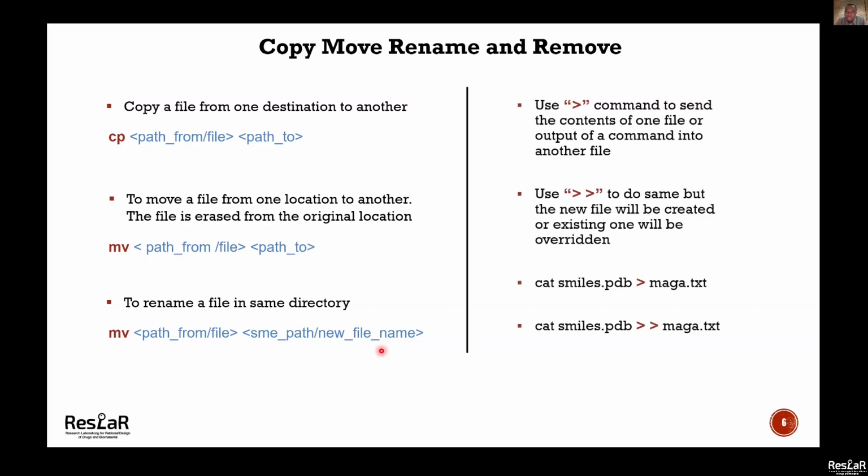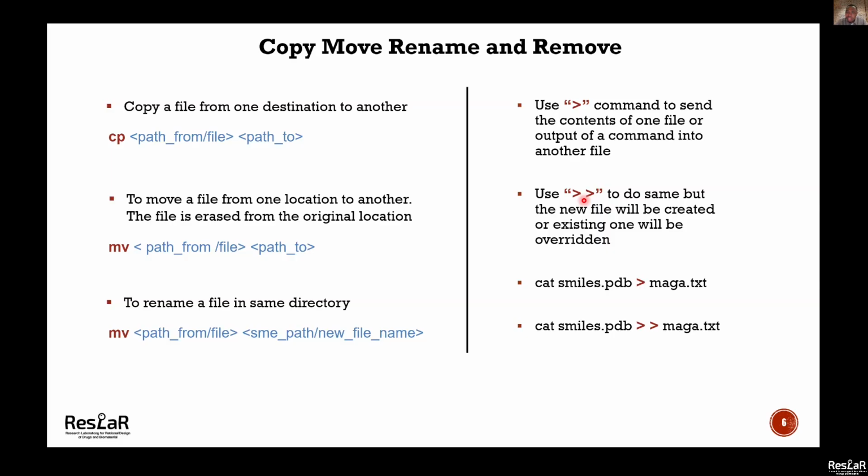Okay, so there are other commands like the greater than sign command. They are called redirection commands in the sense that you can use them to redirect your output. So you can decide to list the content of a file and send it to another file. You can use the greater than sign, or the double greater than sign.